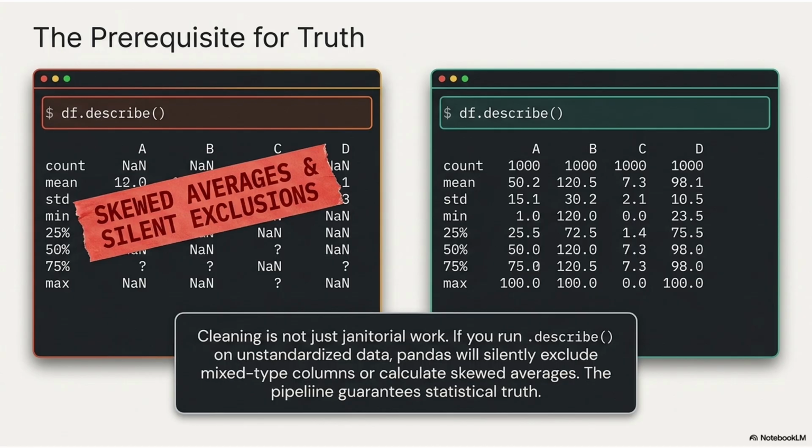Explicit typecasting with astype is the final refinement step. Once nulls are handled and messy strings are coerced, lock in memory efficiency by explicitly defining each column's type. The before and after visual shows is_active stored as floats, 1.0, 0.0, 1.0, because pandas infers float when it encounters NaN values.